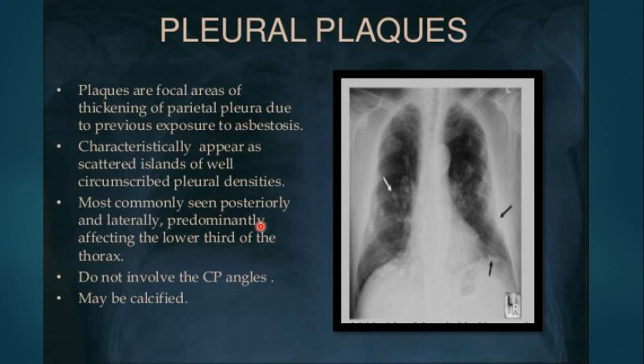Now, what about pleural plaques? Let's talk about pleural plaques. What's the definition of pleural plaques? They are focal areas of thickening of the parietal, not the visceral, the parietal pleura. Usually it's due to previous exposure to asbestos. Characteristically, they appear as scattered islands, okay, scattered islands of well circumscribed pleural densities.